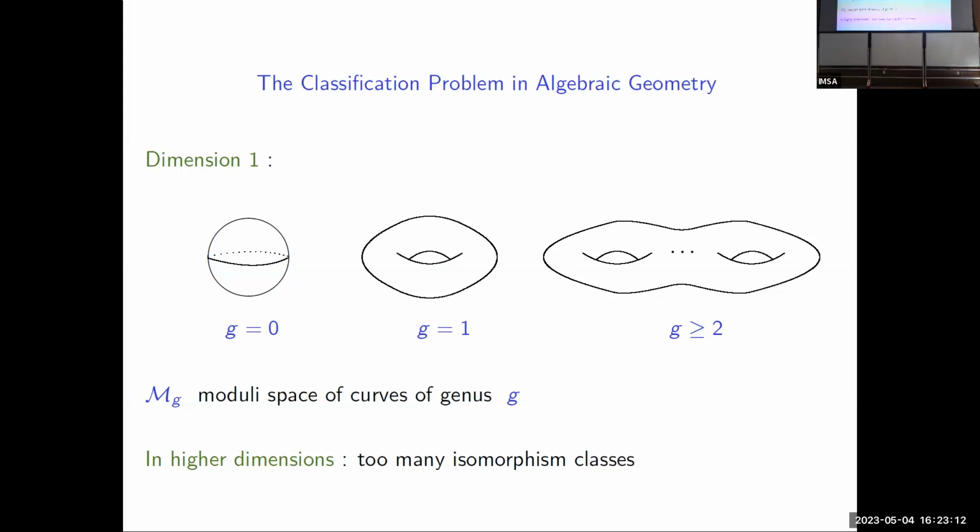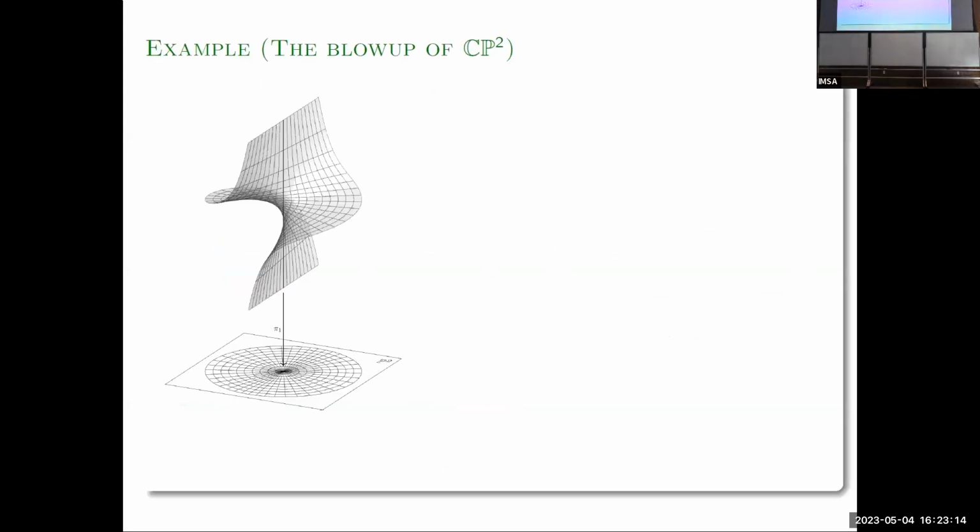And to make this precise, let me remind you of the notion of a blow up of, say, the projective plane. If you have a projective plane, you can pick any point of the plane and blow it up. By that, I mean that I want to remove the point and replace it by a P1 that is parameterizing all the tangent directions at this point.